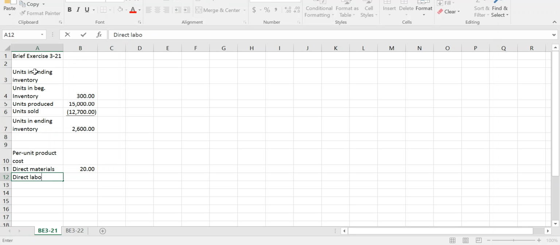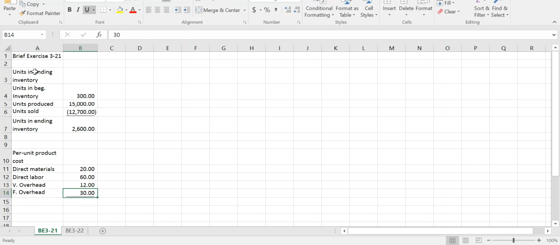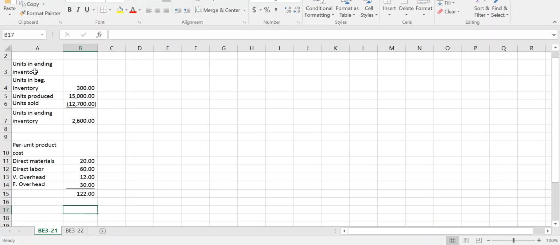Our direct labor was $60 per unit. Our variable overhead, they told us, was $12 per unit, and our fixed overhead, they said, was $30 per unit. So in total, that means under absorption costing, we have $122 per unit product cost under absorption costing.